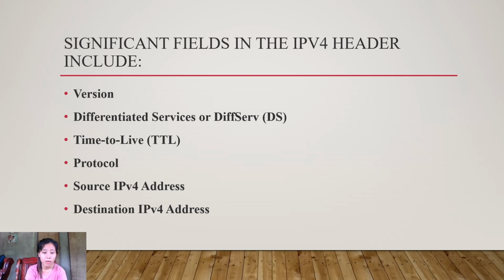The source IPv4 address contains a 32-bit binary value that represents the source IPv4 address of the packet. The source IPv4 address is always a unicast address. The destination IPv4 address contains a 32-bit binary value that represents the destination IPv4 address of the packet.